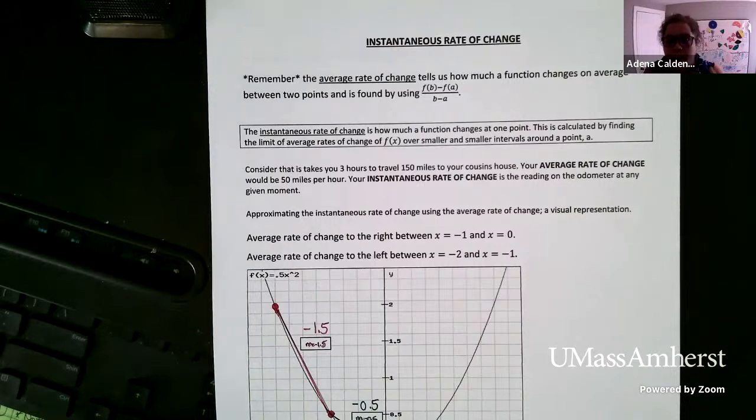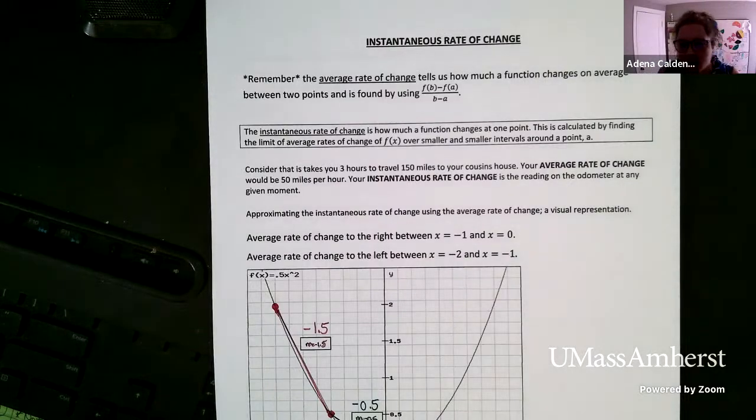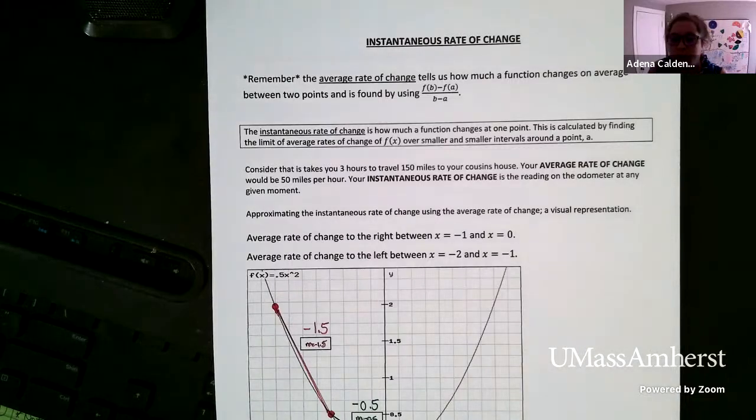But in order to do that, we first have to figure out how much a function is changing at 1 point. The instantaneous rate of change has a lot of names, and we're going to talk about those after we learn a little bit more about it. But the idea is that we are still trying to figure out how much a function changes. That's the big picture idea.